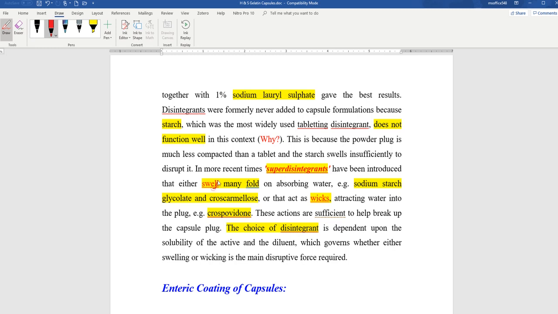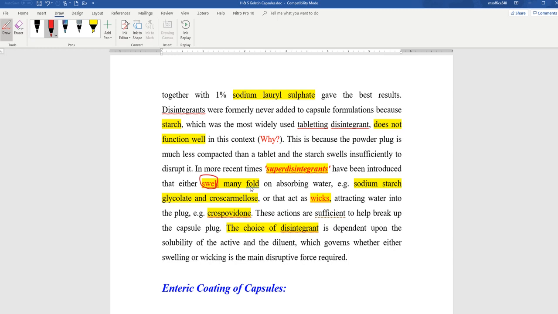For example, I can use the action of swelling. Examples of super disintegrants that act by swelling action are sodium starch glycolate and cross carmelose. And you need to memorize this.